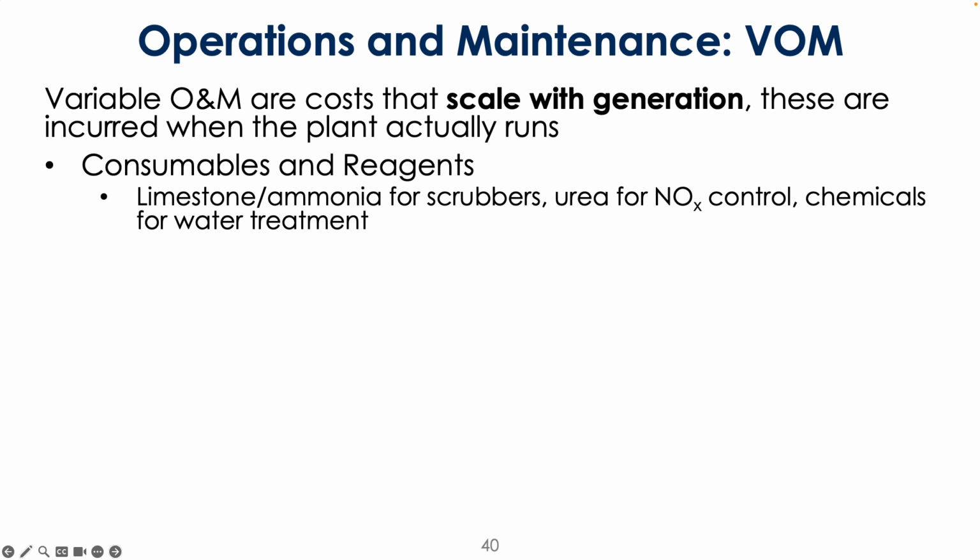Things like scrubbers for pollutant controls, chemicals for water treatment, waste handling and disposal. We talked about how in a coal plant, you have buildup of flue ash, fly ash, a lot of those solids and heavy metals. You've got to figure out ways of cleaning and disposing of that.